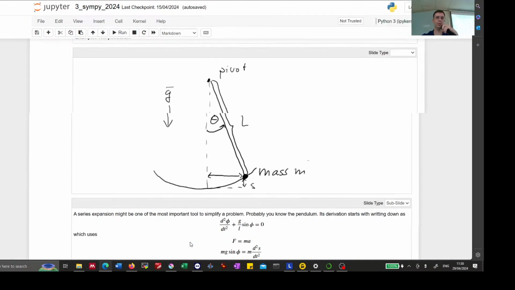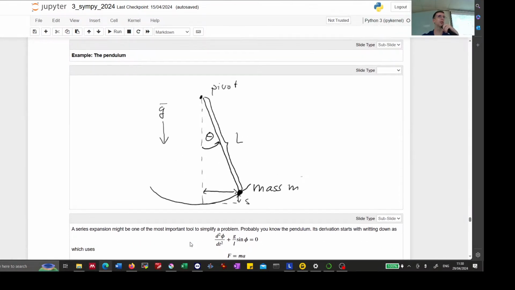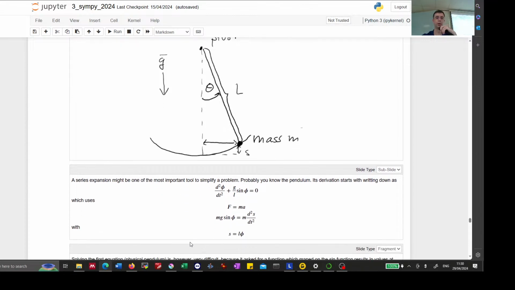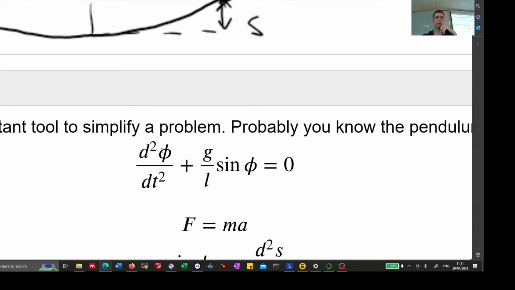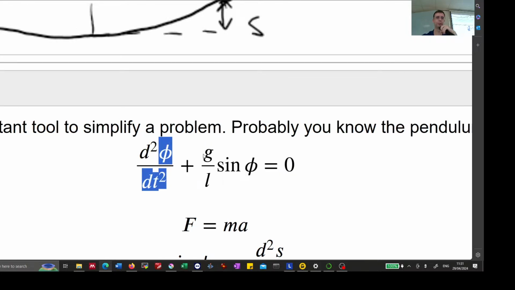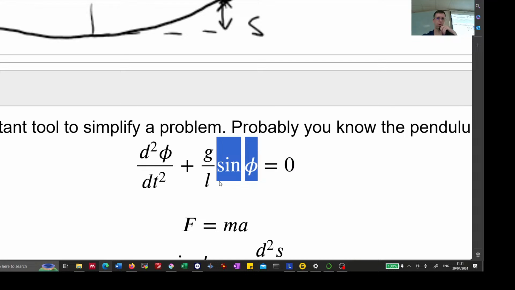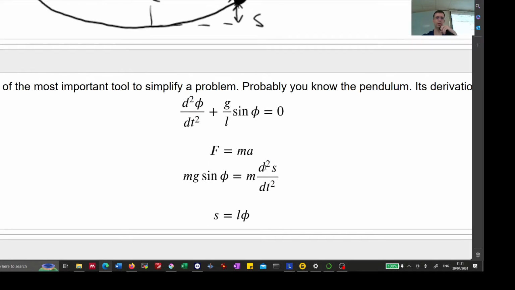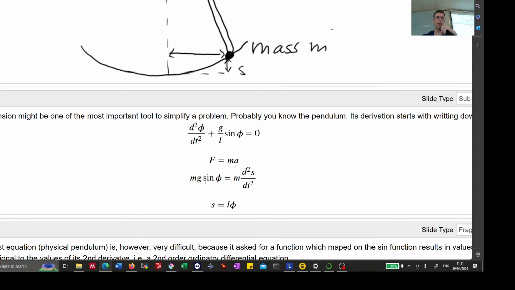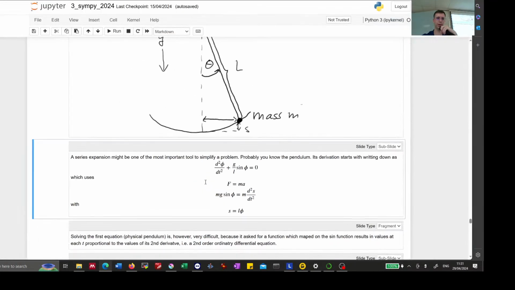So the application of the Taylor series expansion, you know from physics, this is 7th grade, maybe? The 7th grade. So the original function reads like this. It's a differential equation, second order in time, right? Where g and l are gravitational acceleration and distance, and then we have a displacement angle here that is 0, and then we use Newton's mechanics to basically find a relation between forces and acceleration.